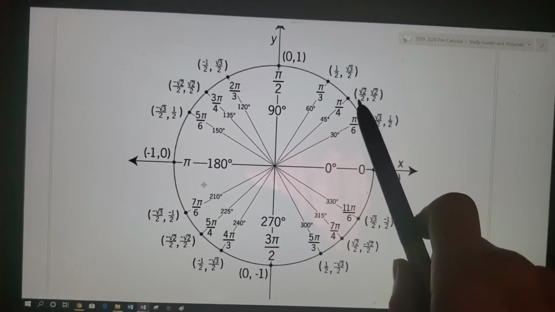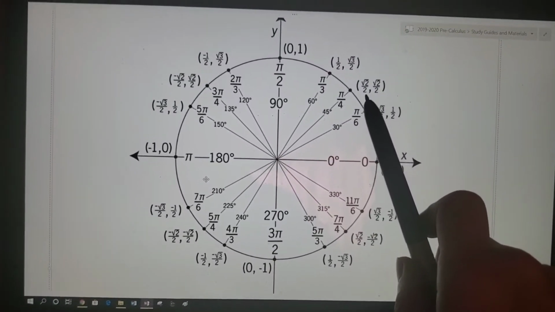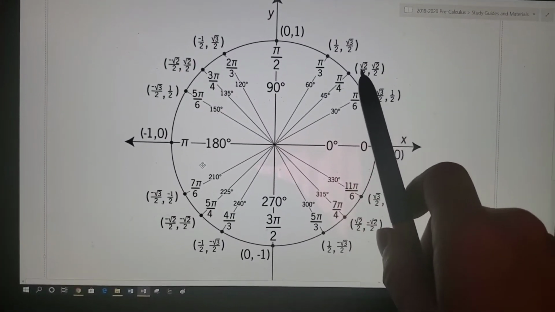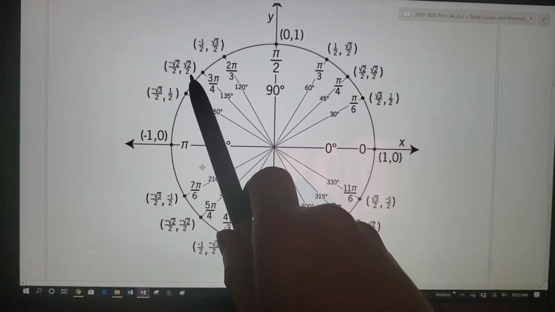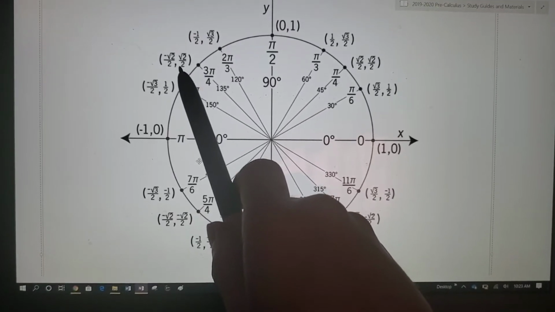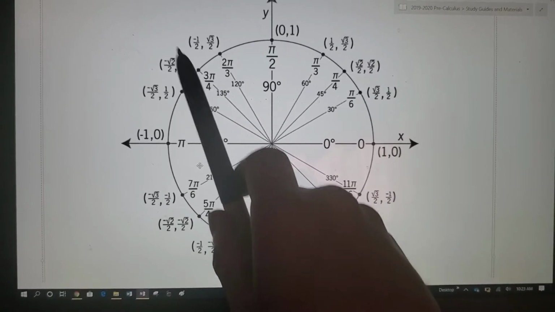Look over here, root 2 over 2 and root 2 over 2. This would be great if the answer was 1, but it's -1. So we want something like this, but with a negative and a positive. Here we have negative root 2 over 2 over root 2 over 2. This works perfectly. If I divide these two, I get -1.